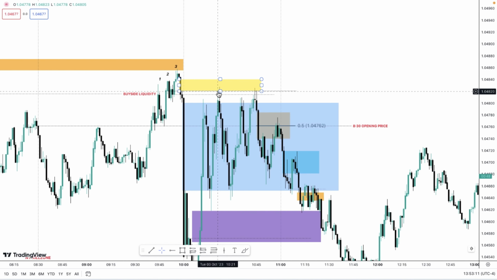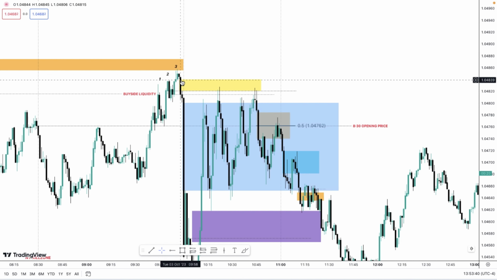There's silver bullet in the forex market between 10 a.m. and 1 p.m. So throughout this channel, I've been mentioning only the Nasdaq silver bullet on 10 a.m. and 11 a.m. So now I'm telling you a new silver bullet.